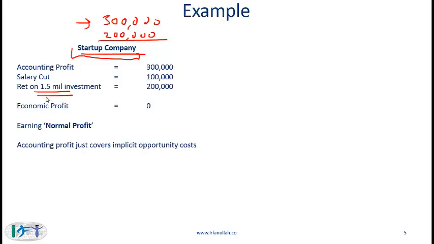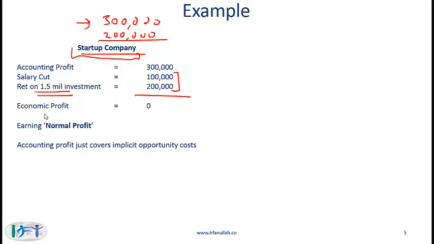You also invested 1.5 million of your own, and you could have invested this money elsewhere and received a return of 200,000. So this 200,000 is not an explicit cost, but it is an opportunity cost. You have foregone the opportunity to earn 200,000. Our opportunity cost, or the implicit cost, is 300,000.